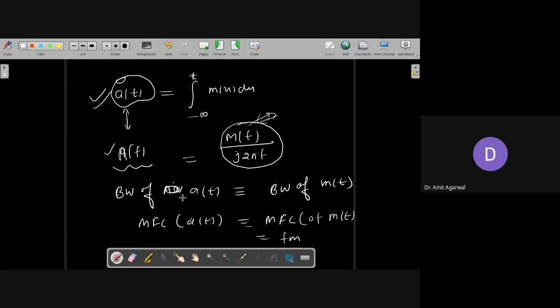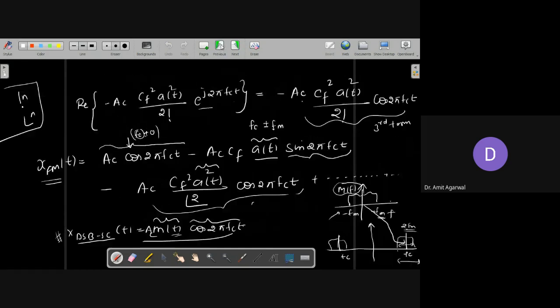So the bandwidth of this A(t) signal will be equal to the bandwidth of your m(t), right? So what can you write? The maximum frequency component of A(t) is the same as the maximum frequency component of m(t). This is what we see here, because it is nothing but the integral of the signal m(t). If you integrate it, the width of the spectrum remains the same.